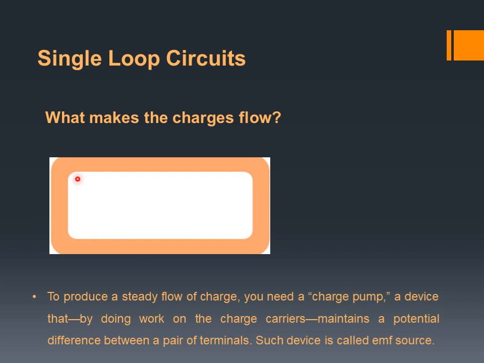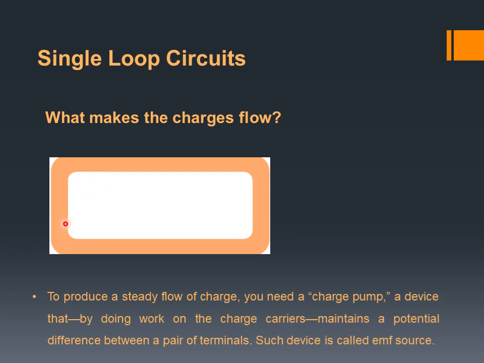So to produce a steady flow of charge, you need a charge pump. A charge pump is basically a device which does work on the charge carriers, electrons for instance, and that device maintains a potential difference between a pair of terminals. Such a device is called an EMF source.